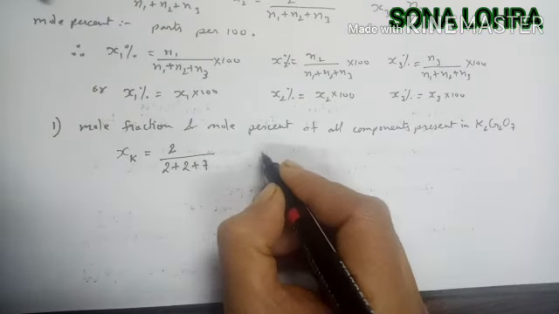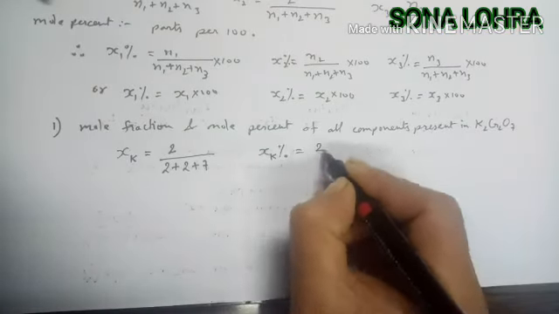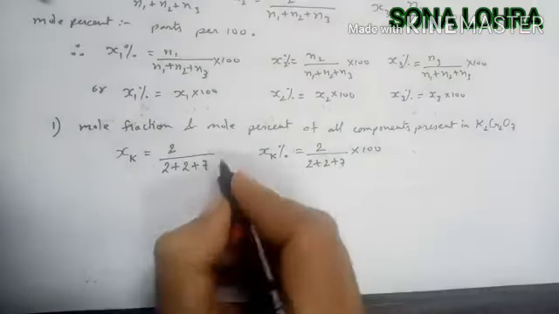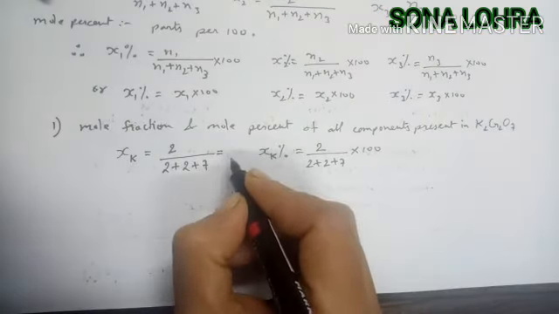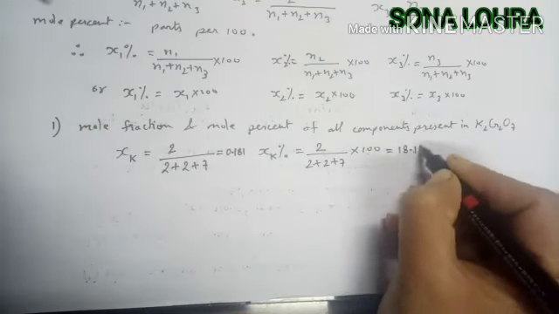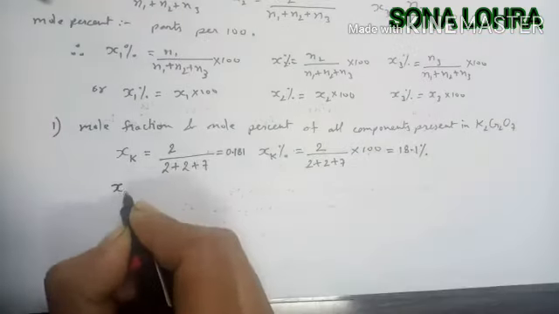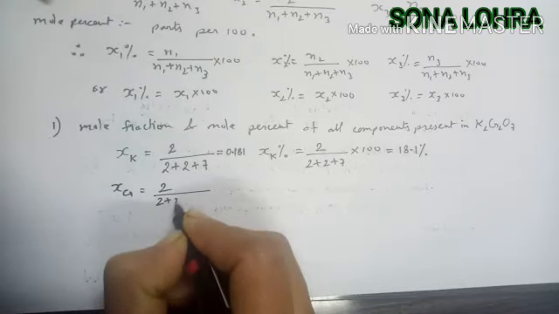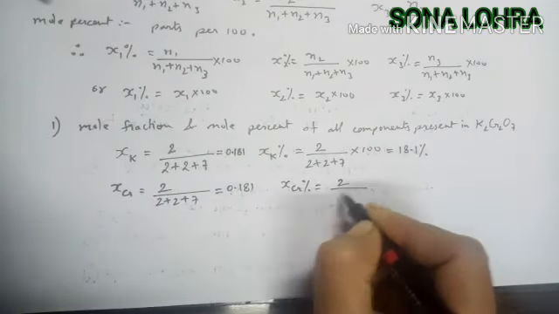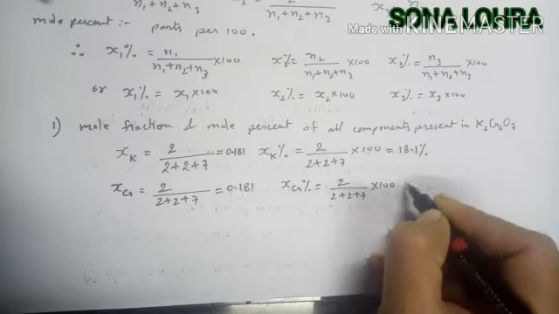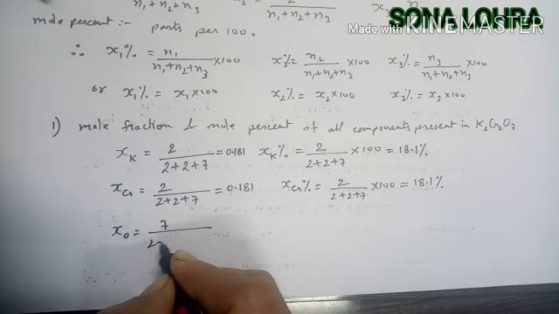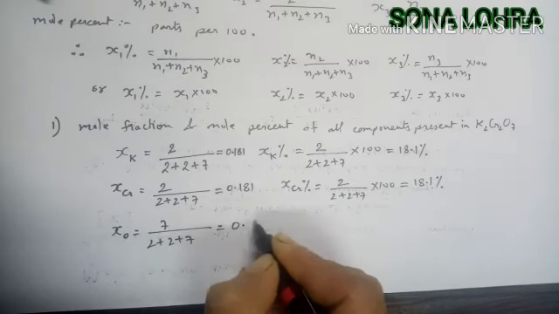Now the mole fraction for K, potassium, that is x with the base K, is equal to number of moles of potassium upon total number of moles of all the components, that is 2 upon 2 plus 2 plus 7, which gives us 2 by 11, which is equal to 0.181, and its mole percent is calculated by multiplying it with 100, that is 18.1%.